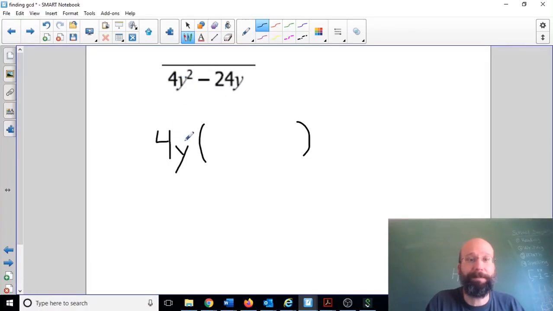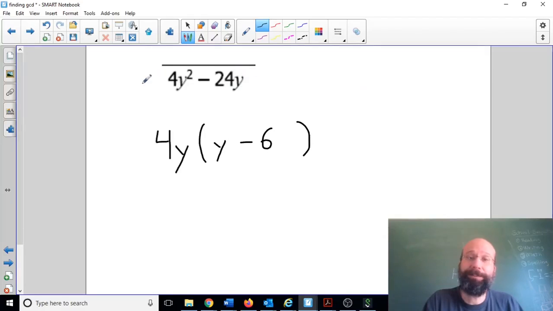4y squared divided by 4y is just y, and we can review the exponent rules if we need to. And then negative 24y divided by 4y is negative 6. Negative 24 divided by 4 is negative 6, y divided by y is y to the 0, which is 1, so it just leaves us negative 6.